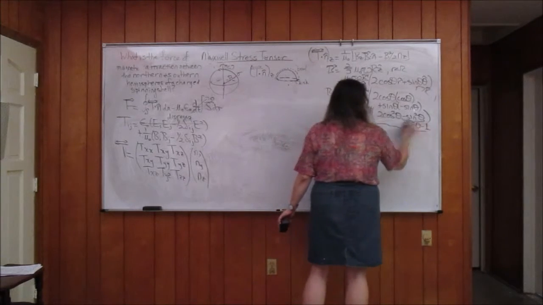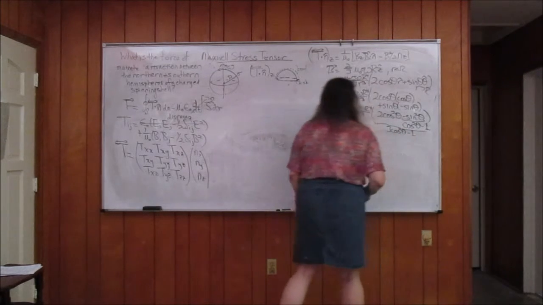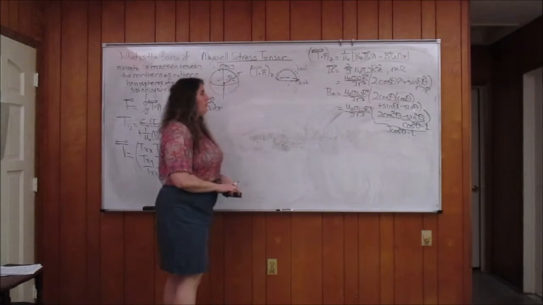And this becomes 3 cosine squared theta minus 1.